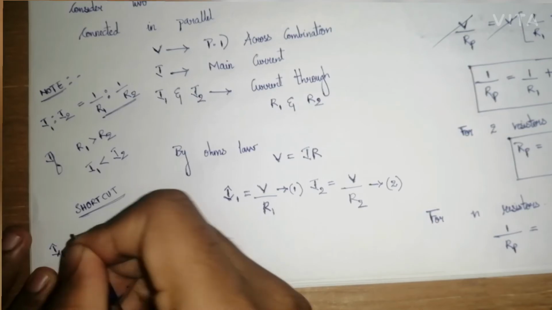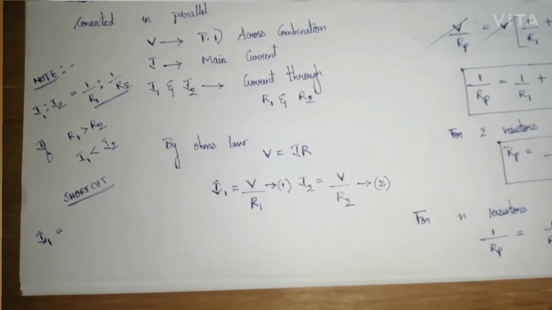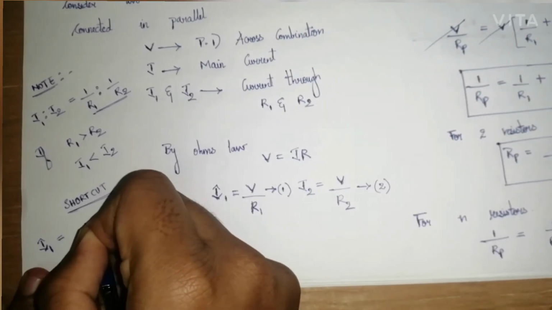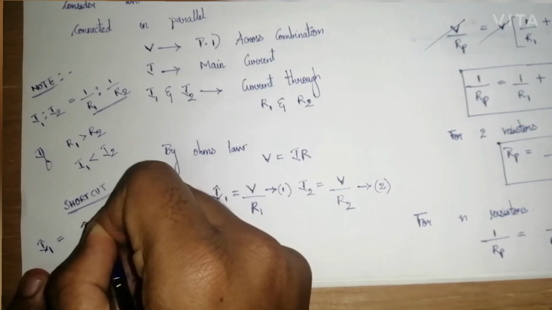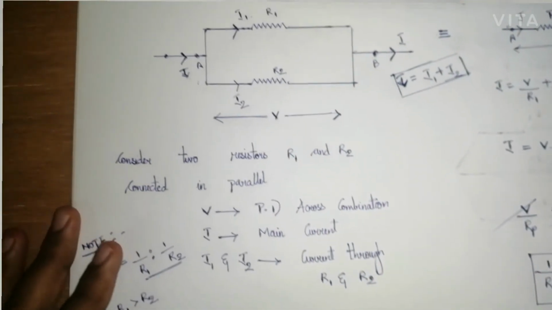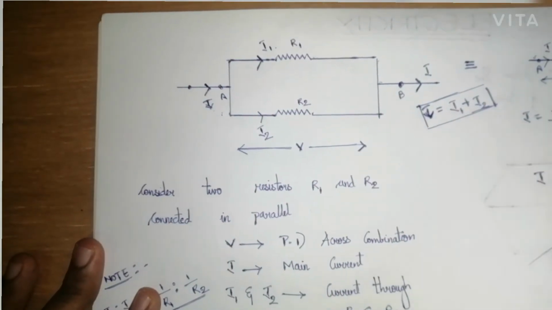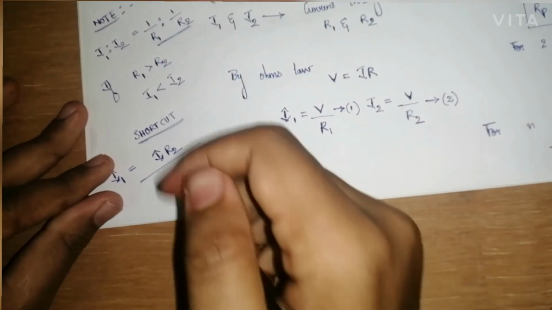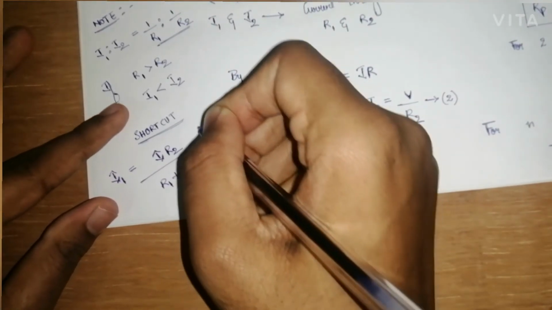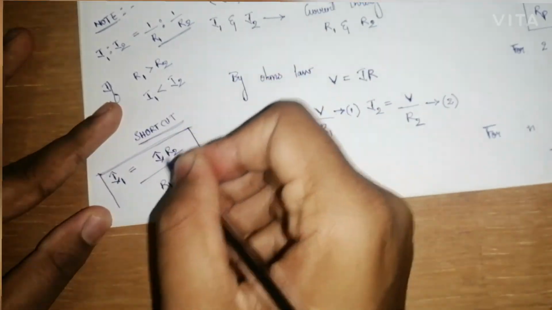That is the main current that is flowing through your resistor R1. That will be the main current I into resistance of R2, divided by R1 plus R2. This is just a short trick for your easy calculations.